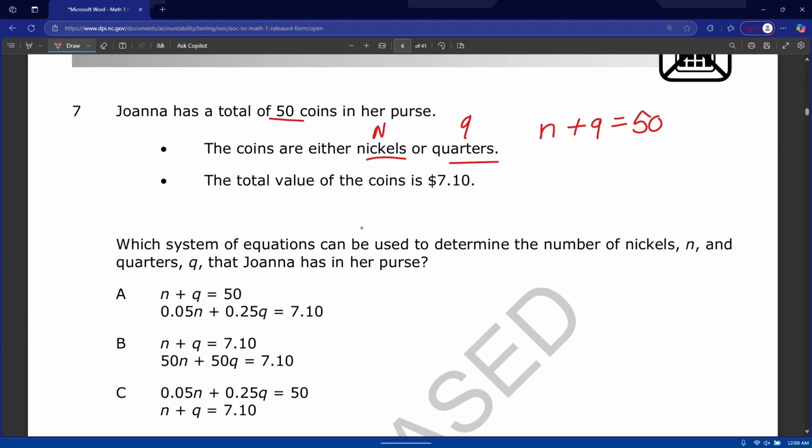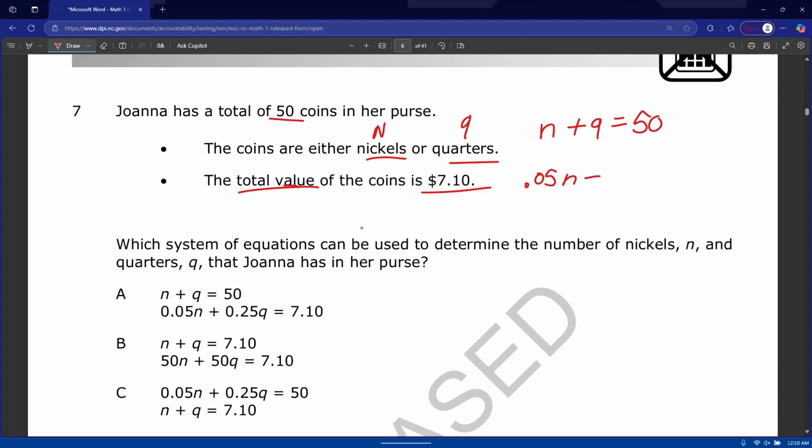We understand that. Now, whatever the number of nickels and quarters, the total value of them is $7.10. So how do we visualize that, or how do we put that into an equation? That is simple. How much are nickels worth? They are worth 5 cents. So we write 5 cents and n, because n is the number of nickels.